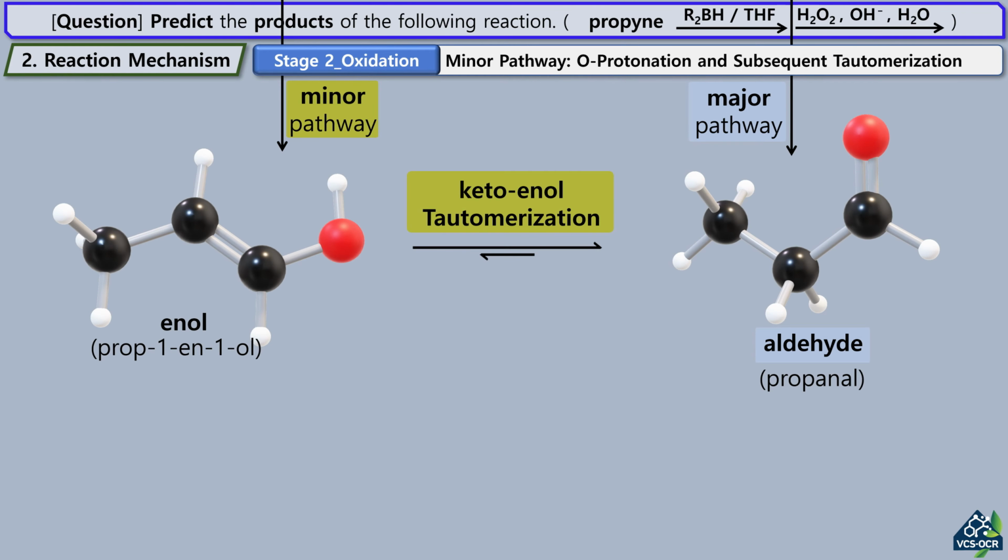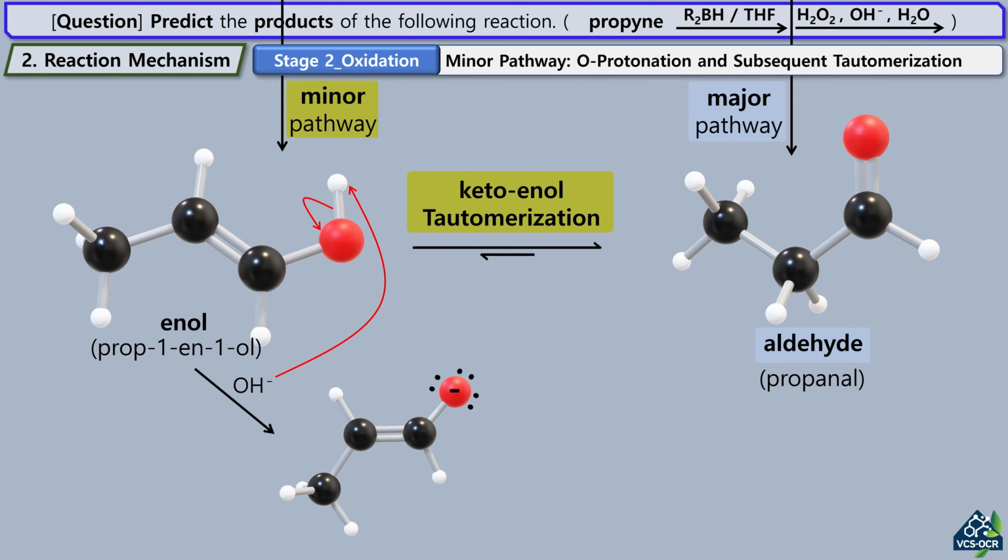Minor pathway, O-Protonation, and subsequent tautomerization. Alternatively, the O-Protonation pathway occurs when the oxygen atom accepts a proton, initially producing the terminal enol. Although O-Protonation is often kinetically competitive in many enolate systems, the enol formed here is highly unstable relative to the aldehyde.